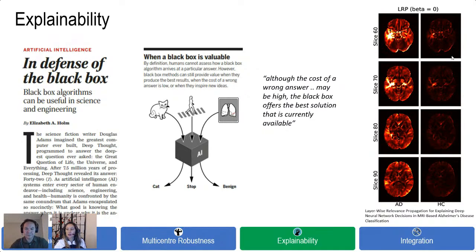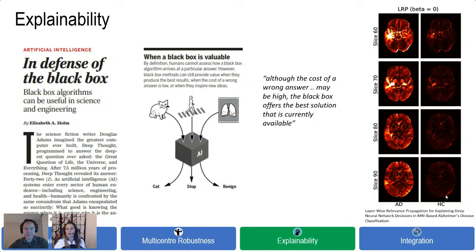So you can see in some of these images here, this is the layer-wise relevance propagation heat map. And this gives us the areas that were seen as important or heavily influenced the decision in the image to make a classification. And I believe this was all AD classification.